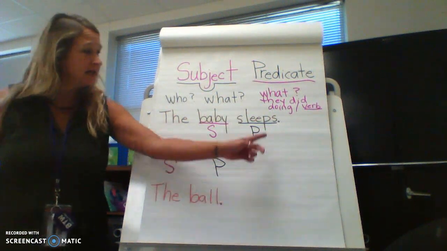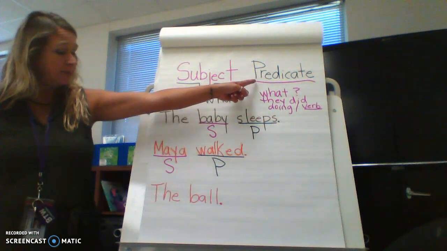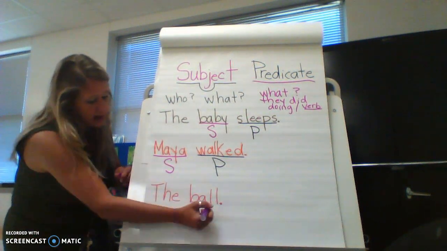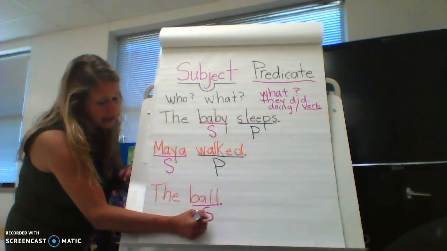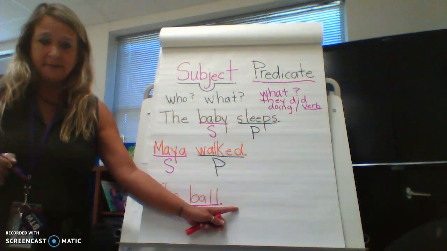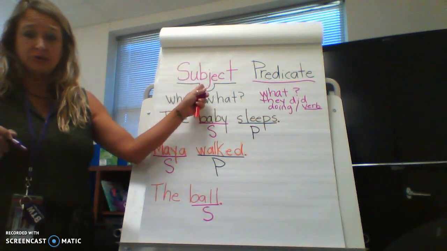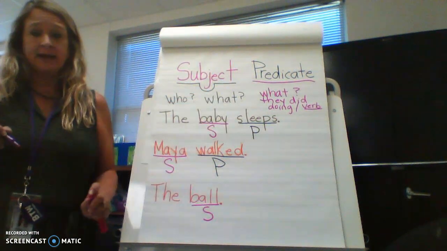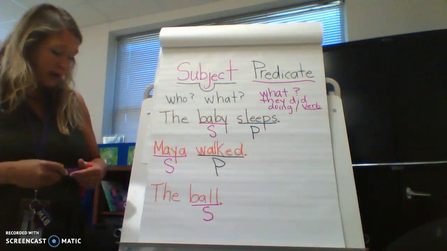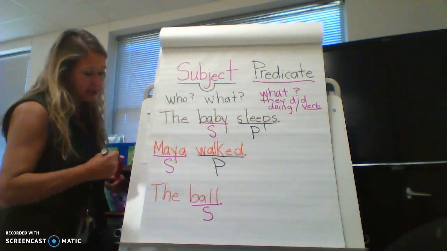Oh, it doesn't say what the ball did. It does not have a predicate. Yes, it does have a subject. You are correct. The ball is the subject, but it doesn't tell us what the ball did. You have to have both the subject and the predicate for a complete sentence. There is no predicate. It is not a complete sentence. So that's going to get an X.